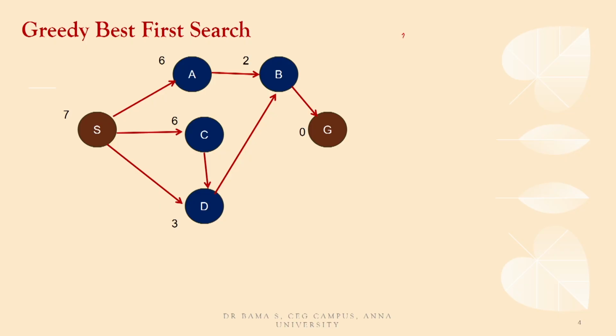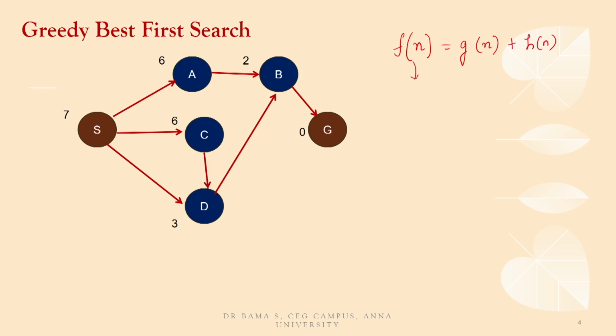Okay. Coming to this week's module, this is the greedy best first search, which is a form of informed search technique. But before we get into the greedy best first, let us remind ourselves of the evaluation function that we saw, where f of n is equal to g of n plus h of n.